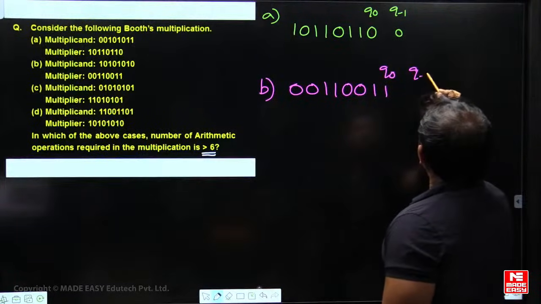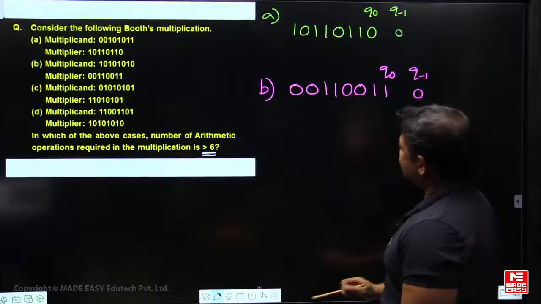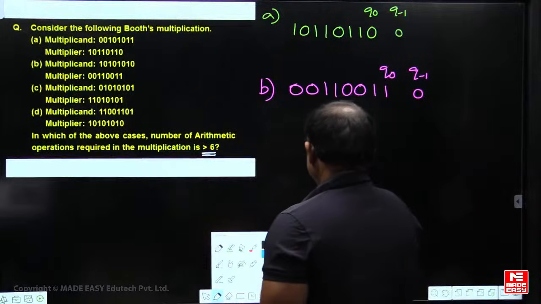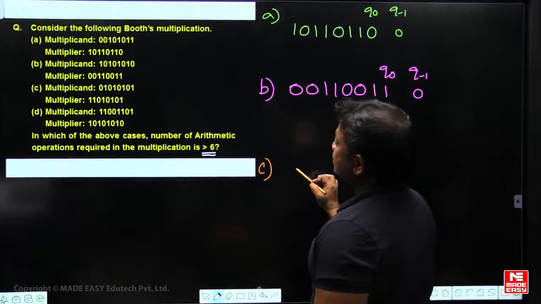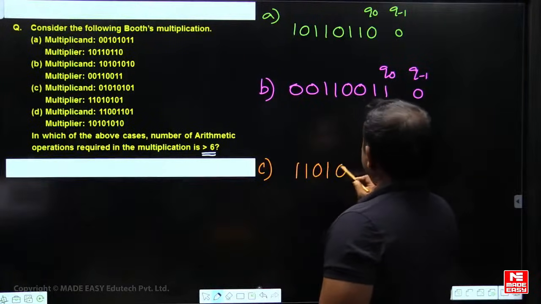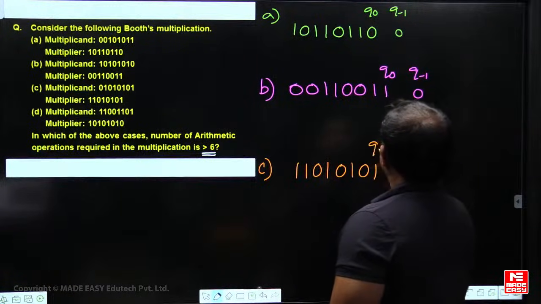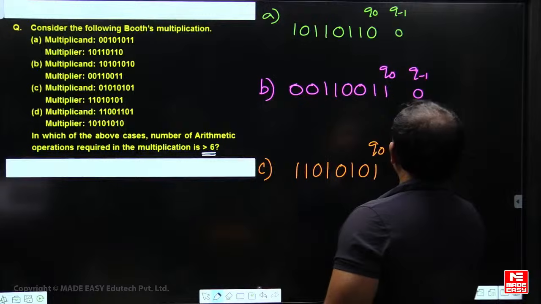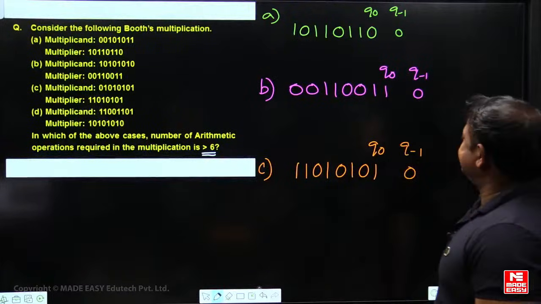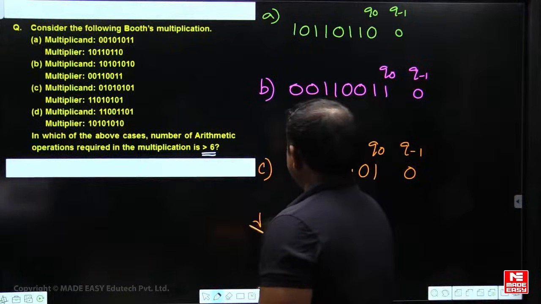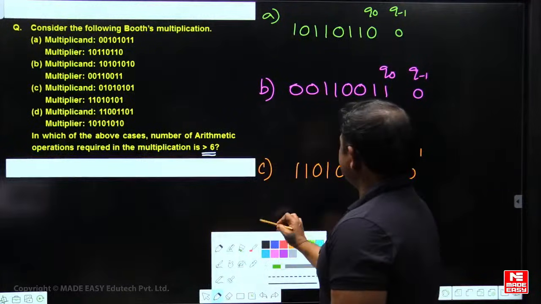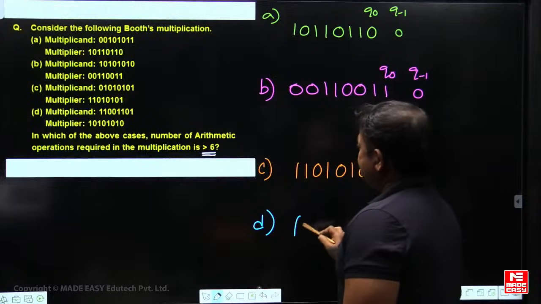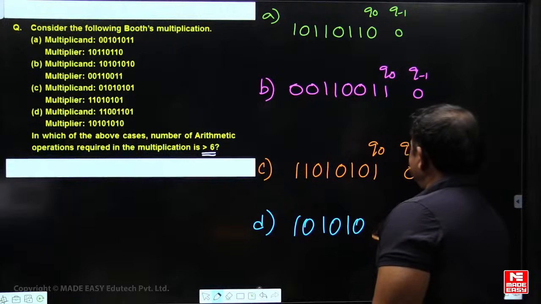Then 1, 1, 0, 1 is Q subscript. 1, 0, 1, 0, 1, 0, 1, 0.